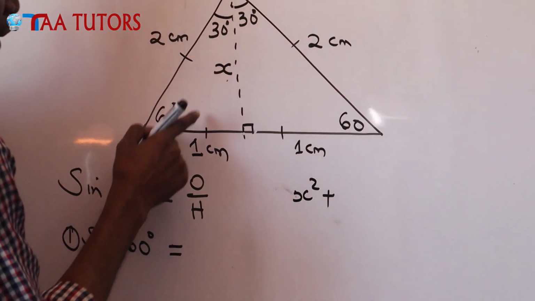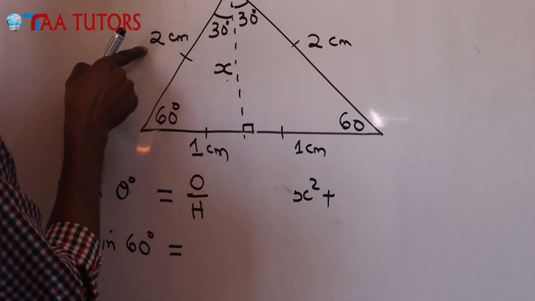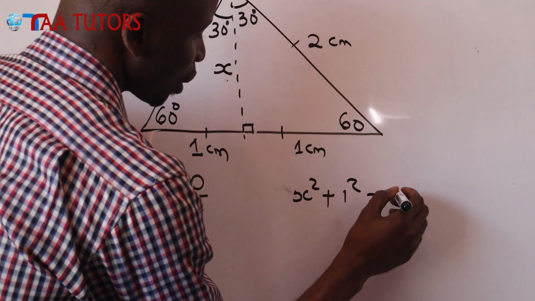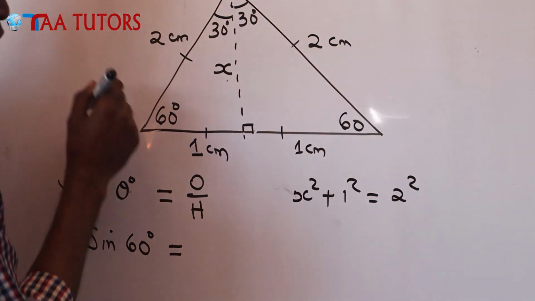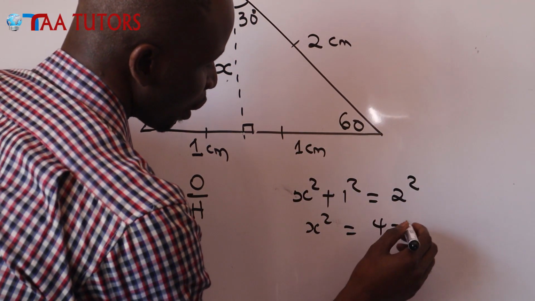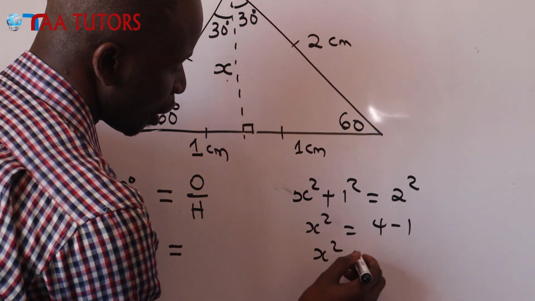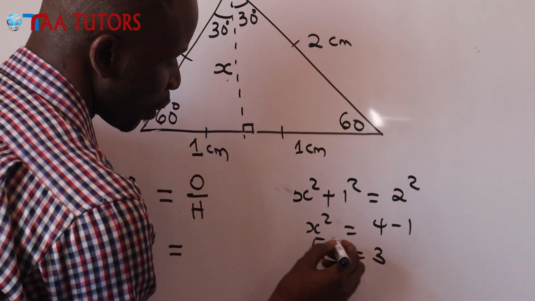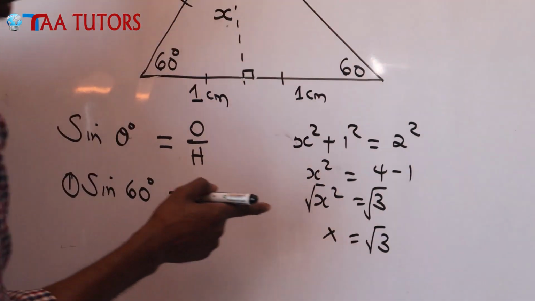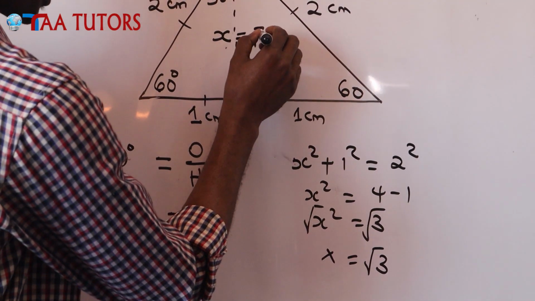X squared, the sum of the squares of the two shorter sides, should give us the square of the longer side. So x squared plus 1 squared should give us 2 squared. So x squared equals 4 minus 1, because 1 squared is 1 and 2 squared is 4. So x squared equals 3. So x is the square root of both sides, meaning x is surd 3. You realize where the surd is coming from.